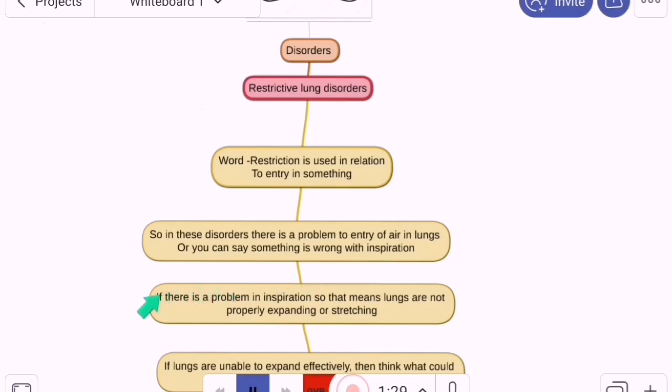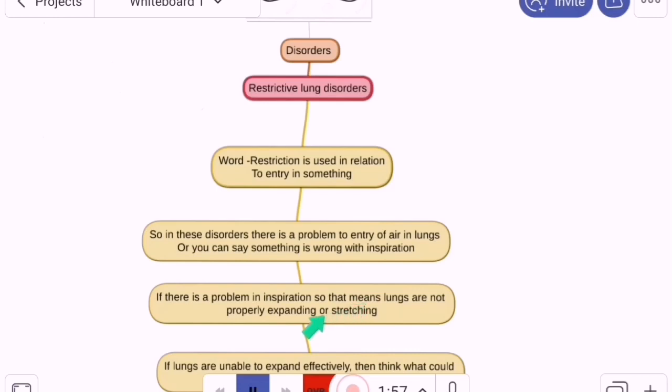The person is facing an issue in inspiration. Why is there an issue in inspiration? If there is a problem in inspiration, that means the lungs are not properly expanding or stretching. Because as we know, inspiration is an active process. And when we do the inspiration, our lungs basically expand. The anterior thoracic wall expands. It gets pushed outward.